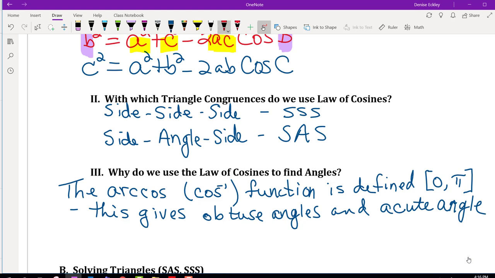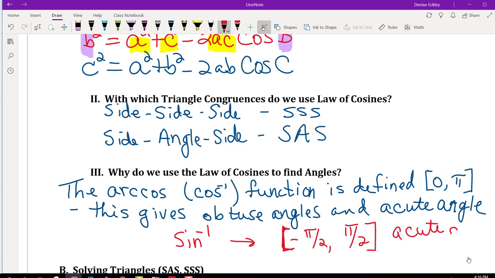When you're doing inverse sine, that was defined from negative pi over 2 to pi over 2. So you are only getting an acute angle in the calculator. It was either negative or positive, so then you'd have to adjust it yourself.